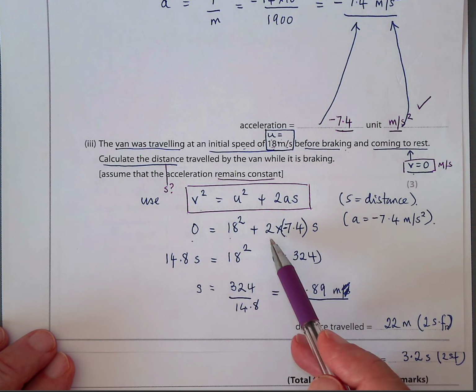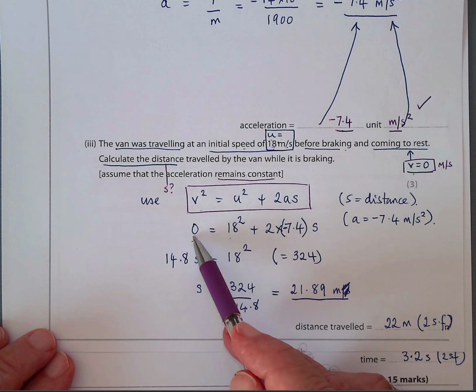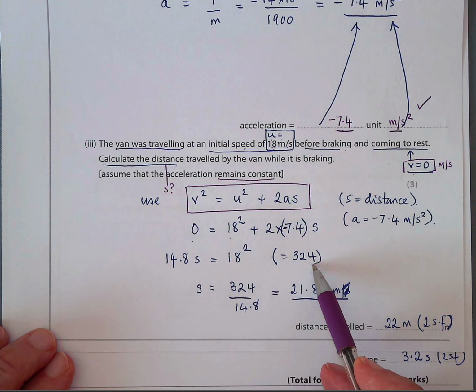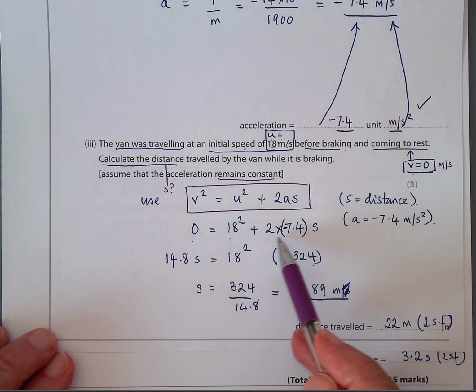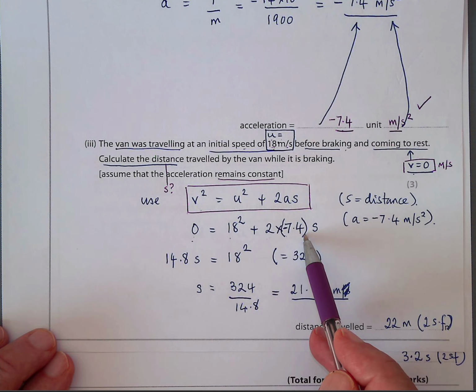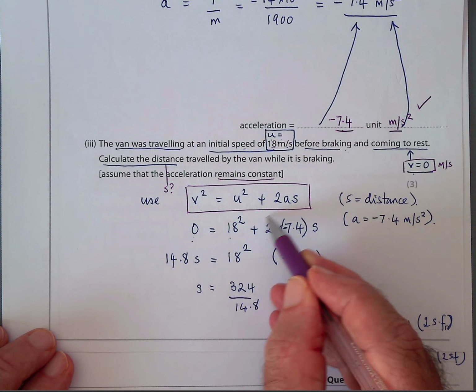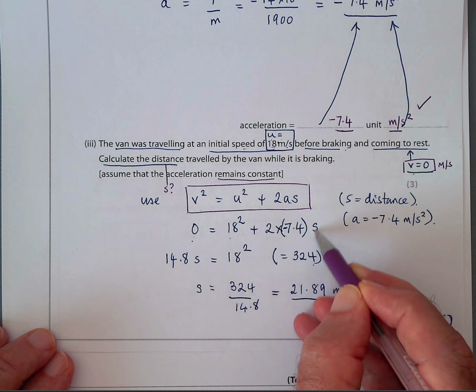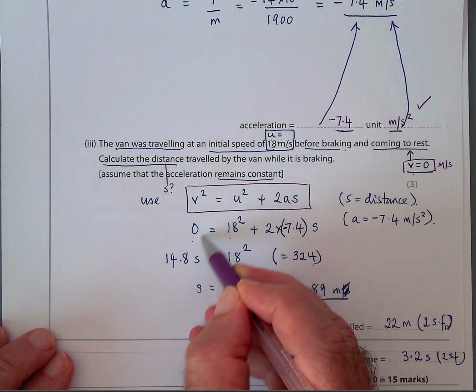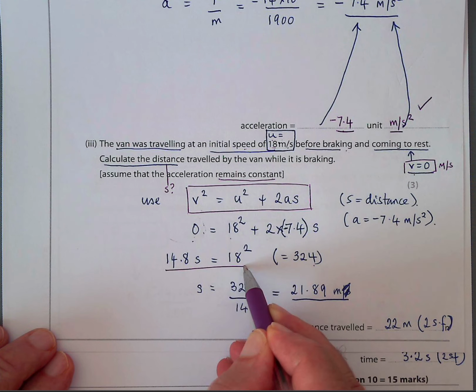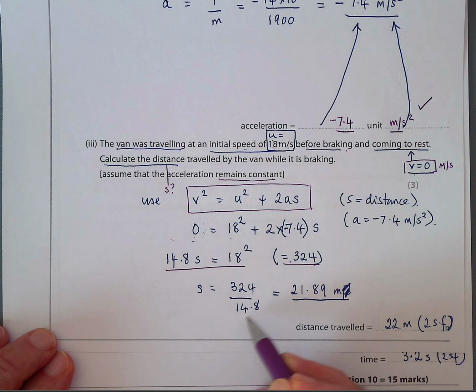Okay, so we know everything apart from s, we know it ends up with 0. So basically 18 squared is 324. And this is 14.8s. So if this is negative 14.8s, you can add 14.8s to both sides, and it makes it 14.8s must equal 18 squared, which is 324.